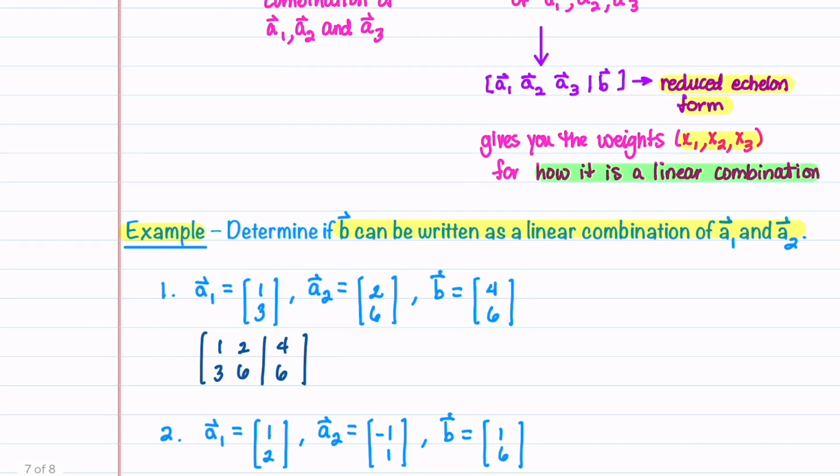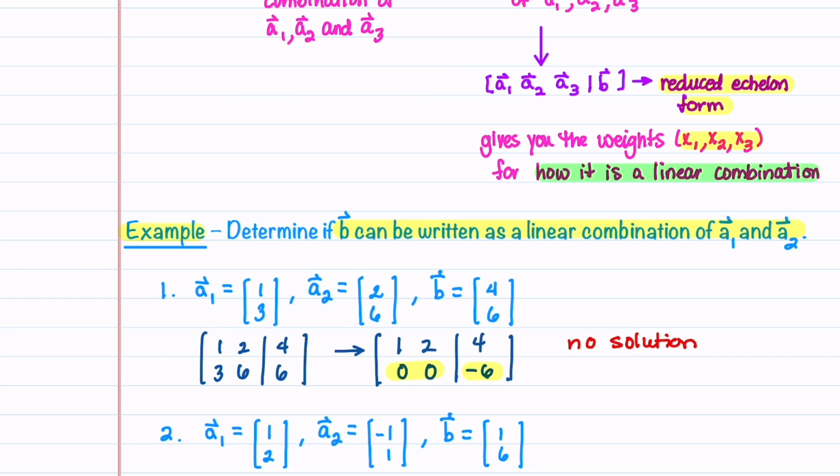Our matrix in echelon form looks like this. On the top, we have 1, 2, and 4, and on the second row, we have 0, 0, minus 6. When our left-hand side is equal to 0 and our right-hand side is a non-zero number, we know that we have no solution.